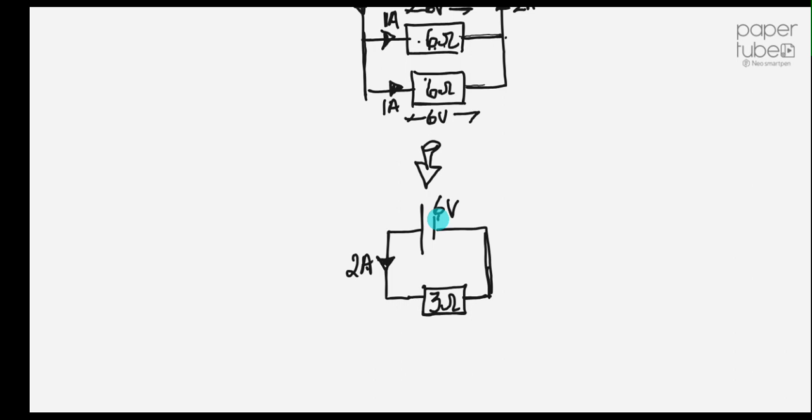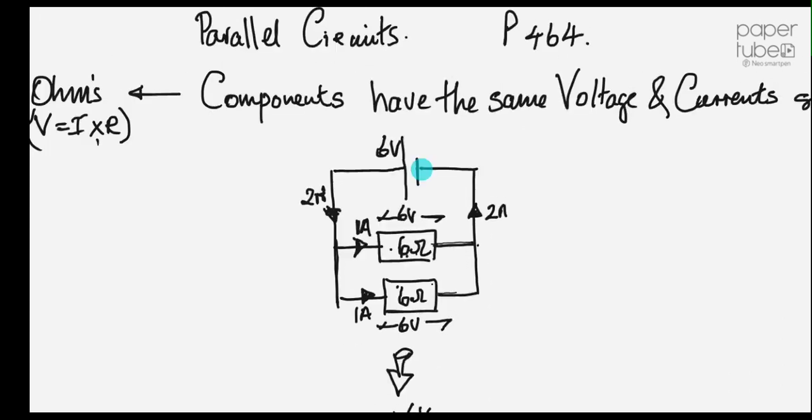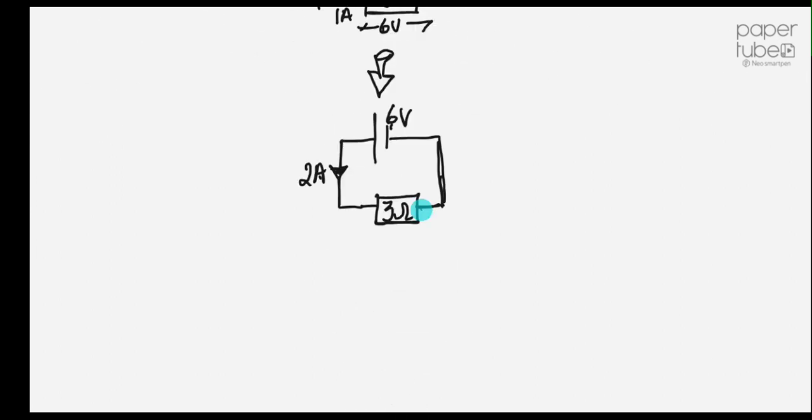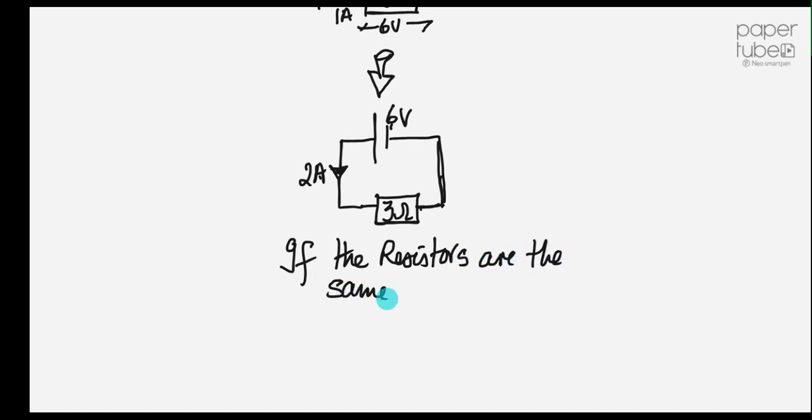Now, this is only if the resistors are the same. Like up here, these two resistors are the same, so therefore you simply halve them, but you only halve them if they're the same. So write that down. If the resistors are the same, simply halve.